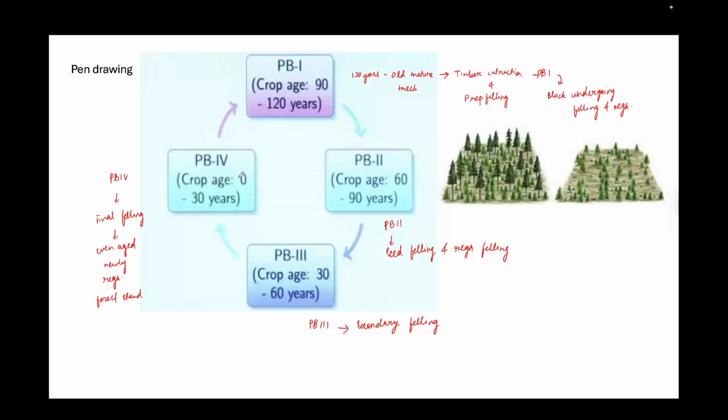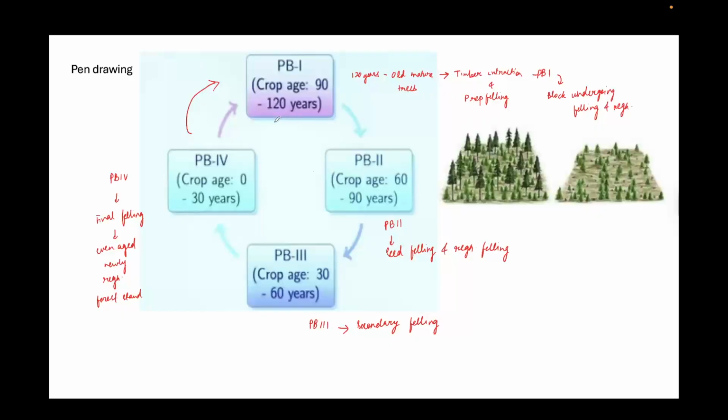Meanwhile, since one area of the forest is undergoing shelter wood system, it entered the PB1. It was block 1 where there were mature trees, then entered PB2, PB3, PB4. Meanwhile, the PB4 moves to become the new PB1: another area of the forest which has freshly regenerated, or the forest stand, now enters the mature age of 90 to 120 years and then undergoes timber extraction and preparatory felling.